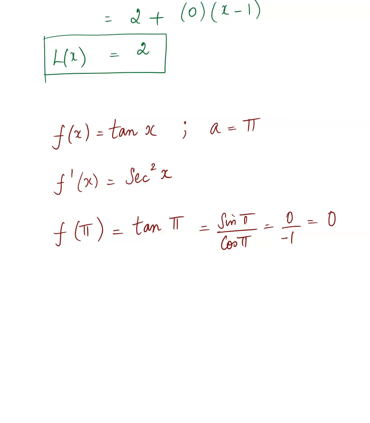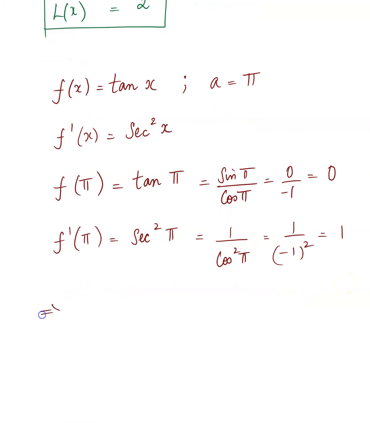And f prime of pi will be secant squared pi. So secant squared is 1 over cosine squared pi, isn't it? And cosine pi is negative 1, so square that. 1 over negative 1 squared, or comes back as positive 1.